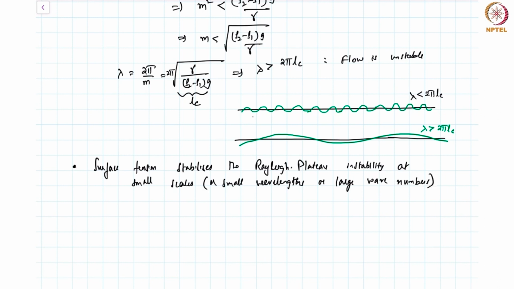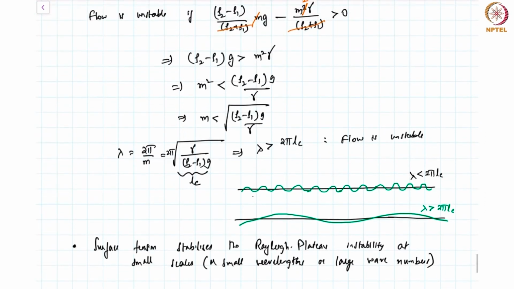So if you create a very tiny fluctuation on the surface, of very small wavelength, then the system is stable, and what you expect is oscillatory behavior, because you've created an undulation. These waves just keep oscillating forever. But of course, in a realistic system, these oscillations cannot persist forever. What we have is a viscous damping that occurs.